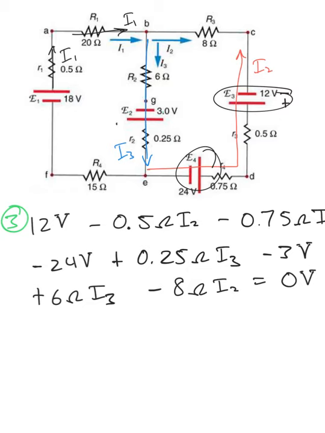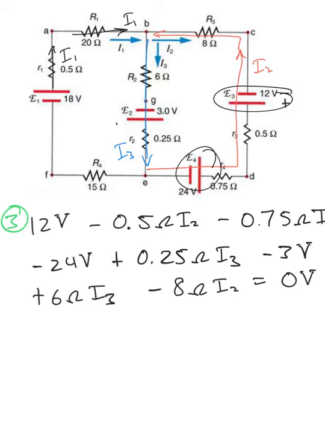So if we map out the way that the currents behave here, we have I2 flowing in the counterclockwise direction, we have I1 flowing in the clockwise direction, and I3 moving downward. This is another convention that we could have chosen from the beginning. If we chose our currents to move in the way that I just drew them, we would have found all of the currents to be positive when we solved.